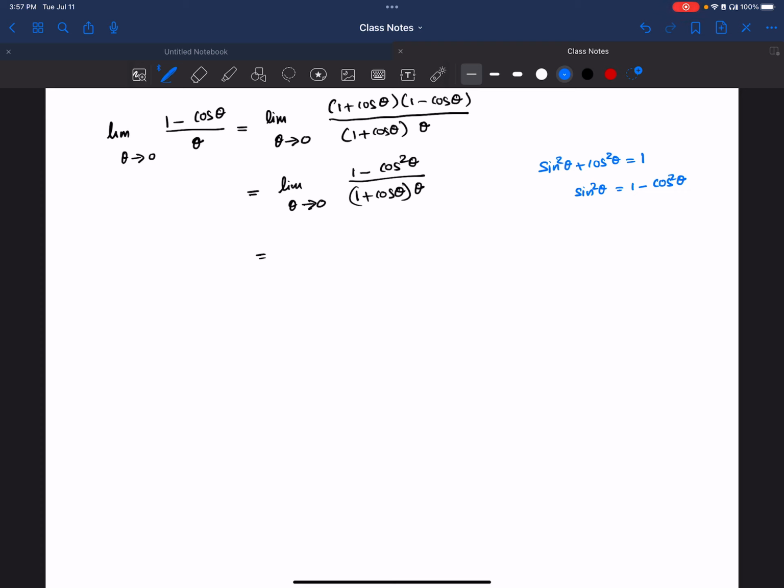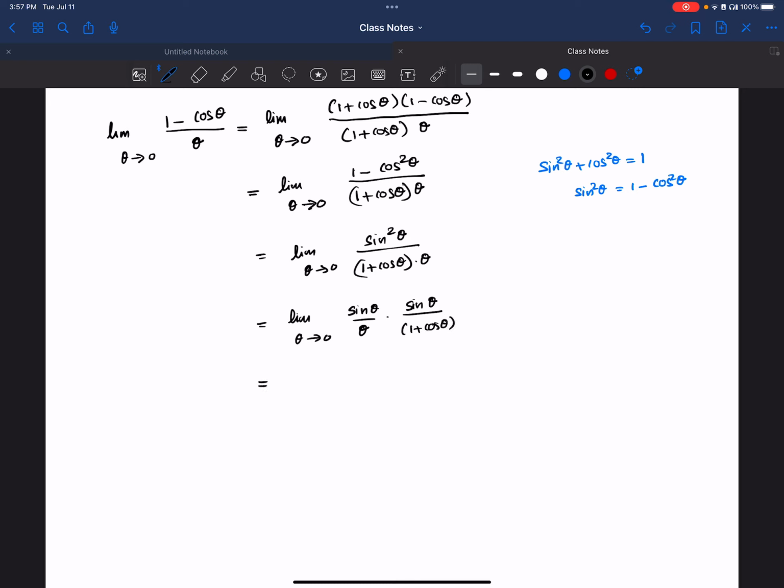So instead of 1 minus cosine squared theta, I can put sine squared theta: limit as theta goes to 0 of sine squared theta divided by (1 plus cosine theta) times theta. Now I can write limit as theta goes to 0 of sine theta over theta times sine theta divided by 1 plus cosine theta.